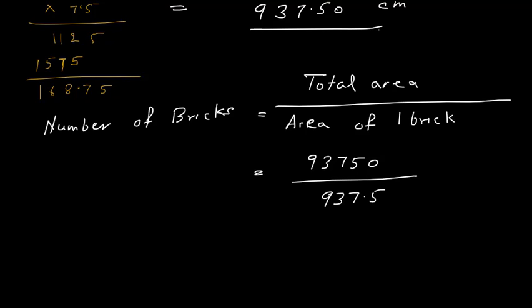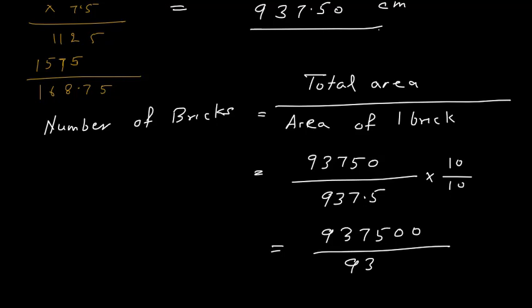The zero after decimal, if we have these zeros at the end, then it does not have any significance, so we can avoid writing that. Now sometimes you will find it difficult to divide by decimal numbers, so better you can multiply and divide by 10, so that the denominator will become an integer number. In numerator you will get 937,500 and denominator is 9375.